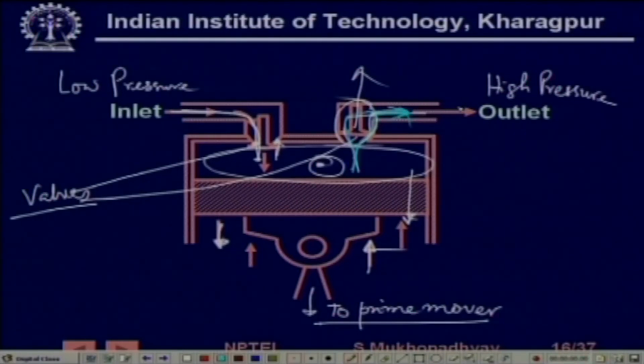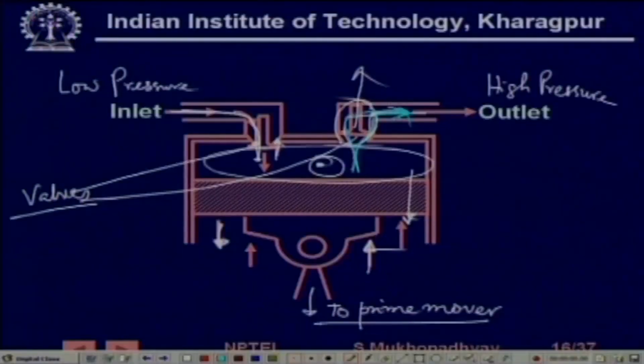Every stroke it is sucking a given volume of air from the low pressure atmospheric side, and pushing the air into the high pressure outlet. So, this is a reciprocating type compressor mechanism.